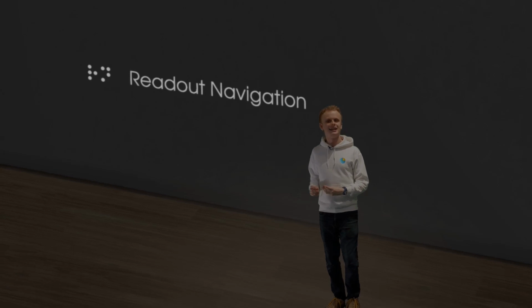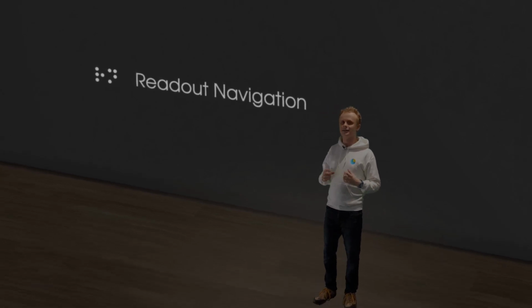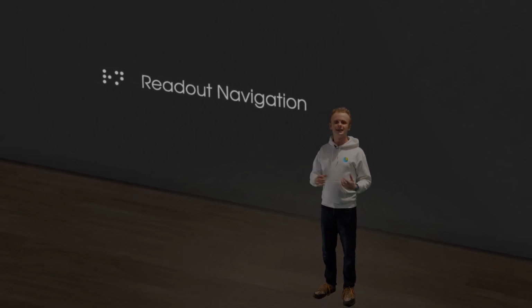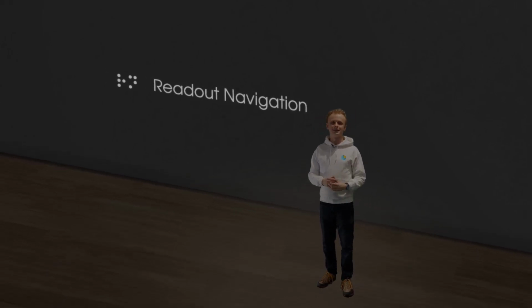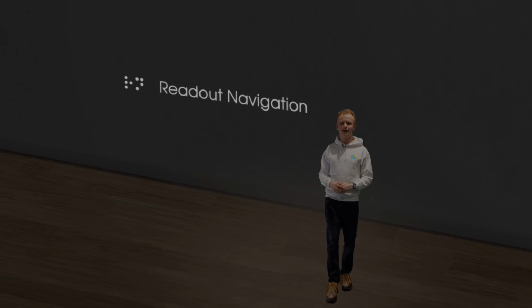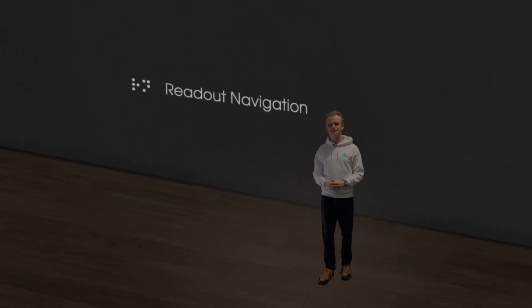And now I'd like to talk about accessibility in LiveGOS and our new support for a few assistive technologies that we have added to the operating system, which makes LiveGOS a lot more usable for people who are blind or visually impaired. Our new screen reader, Readout Navigation, announces text which is shown on screen using speech synthesis, which makes it easy to navigate around LiveG without having to rely on visual information.